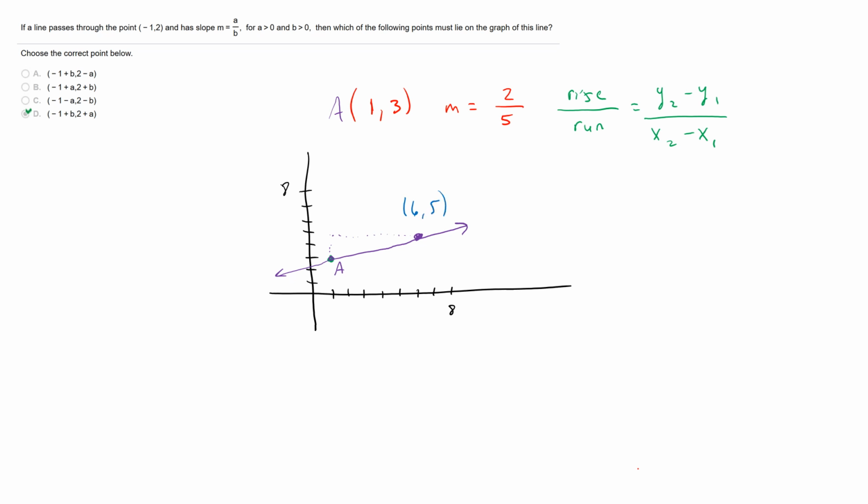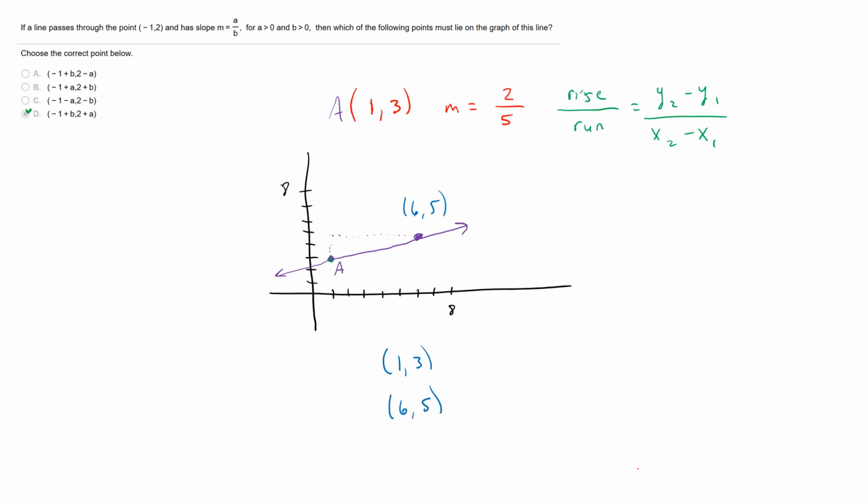And if I go up 2, then the y coordinate would be 5. And if I go over 5, yep, I'd be at 6. Now, so the first point was (1, 3), and the next point is (6, 5).